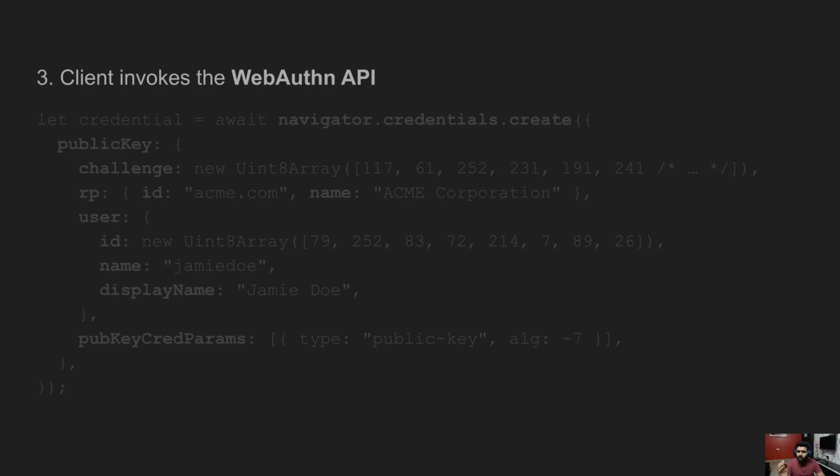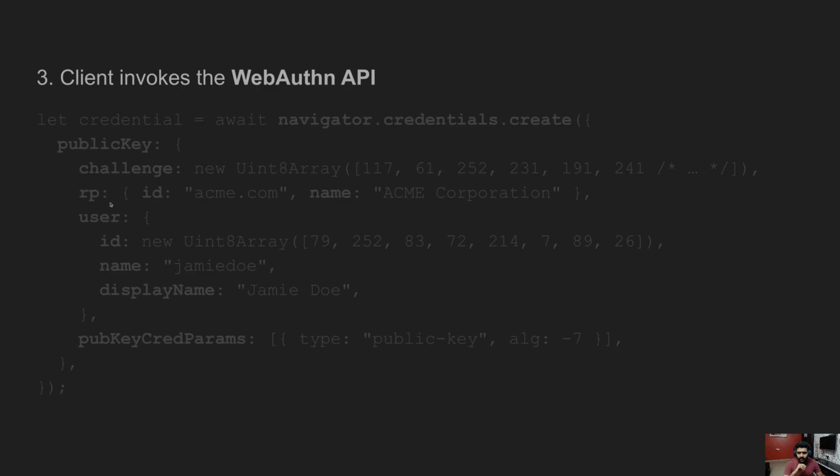After that, the client, that means the browser, will invoke the WebAuthn API. Nowadays most of the browsers support the WebAuthn API. So they will call the navigator.credentials.create method, and they will provide a few options. They will provide publicKey, and this is the challenge which is received from the server.